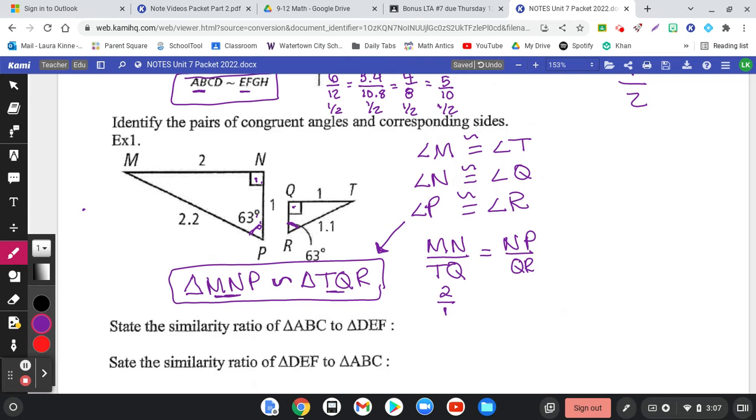And lastly, side MP would match side TR. And again, our similarity ratio is going to end up being 2 to 1.